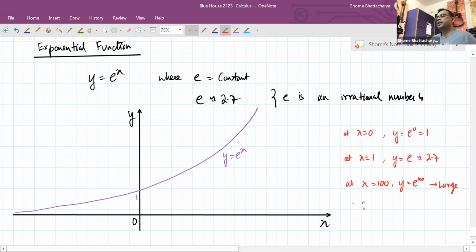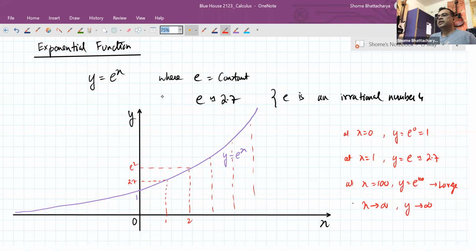Okay. So at x tending to infinity, y will tend to infinity. So that is what justifies how this graph increases. So it's increasing very rapidly on this side.